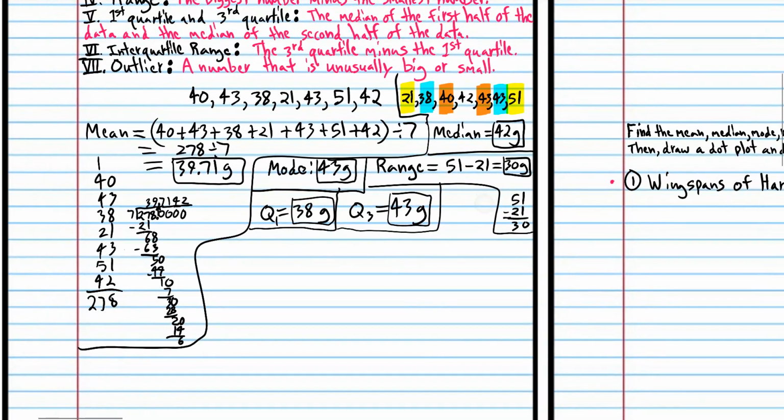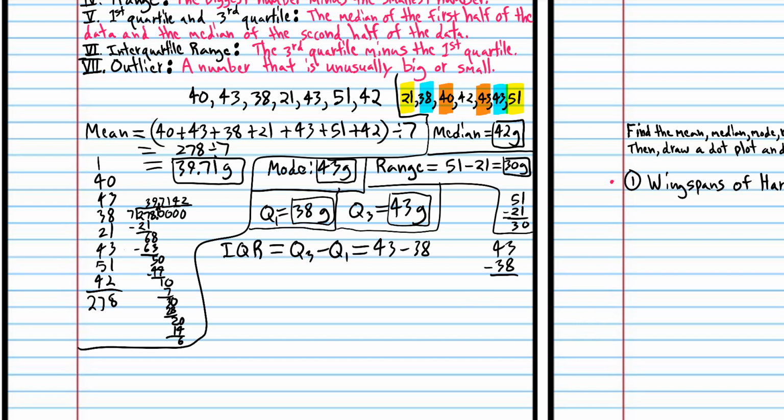Now you're probably wondering, why did we find those numbers? Well, we found those numbers so we could calculate the interquartile range. I know that's a fancy word. The interquartile range is Q3 minus Q1, and I'm going to explain what this means after we calculate it. So that's 43 minus 38, and go ahead and do that over here if you want.